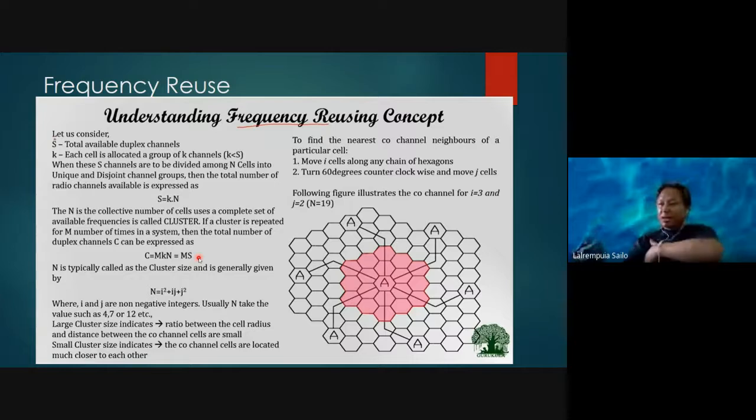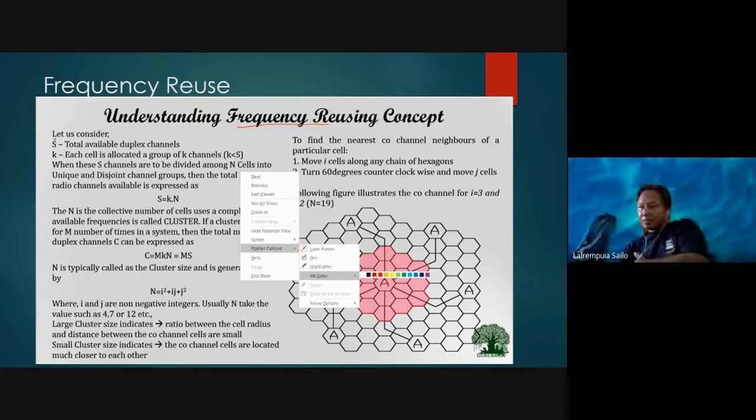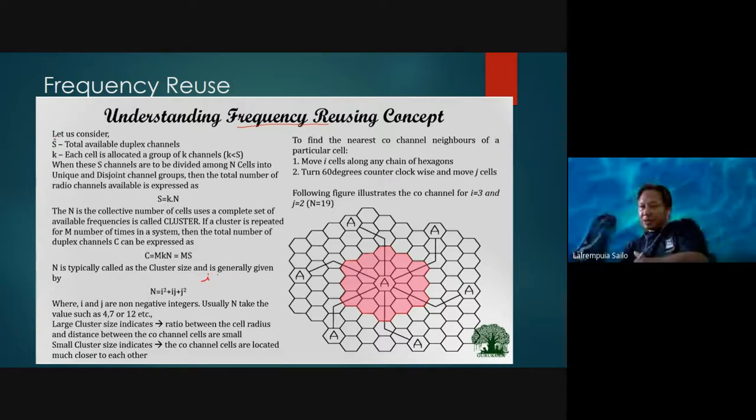Following the figure, let's assume that I is equal to 3 and J is equal to 2. Then we implement this.